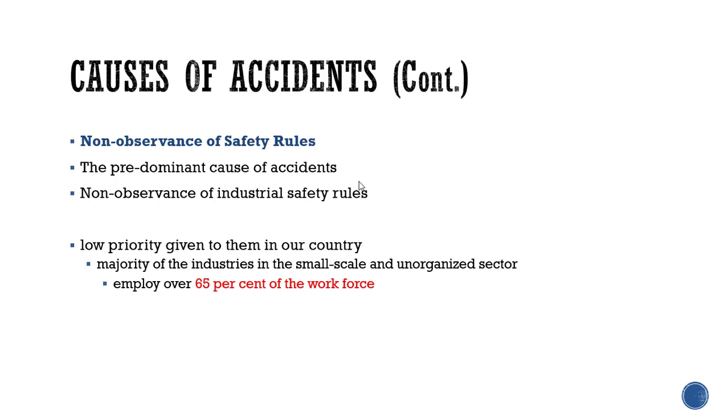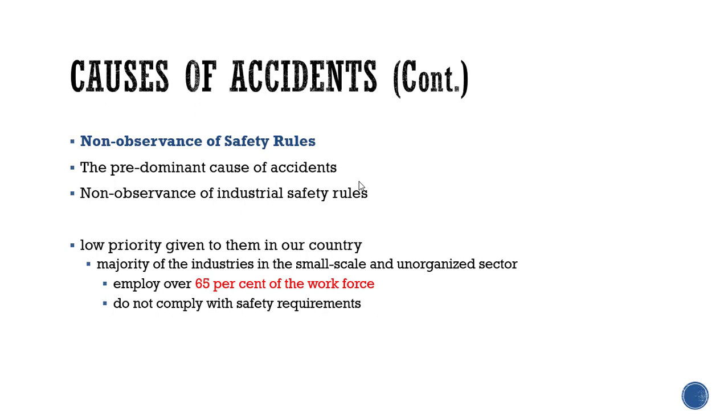Okay, and another important thing is that these small scale industries and unrecognized sectors do not comply with safety requirements. Okay, they are not following the safety rules and regulations which have been laid out by the government. Okay, so because of that, major accidents happen.